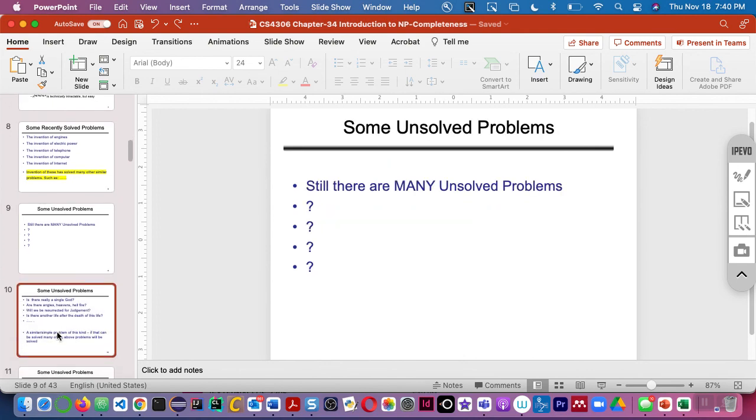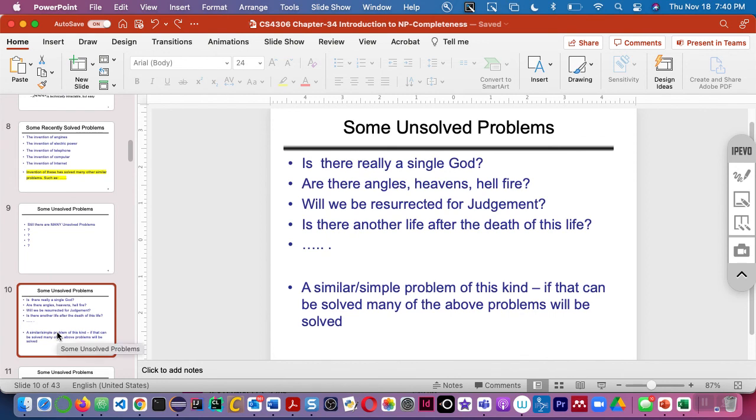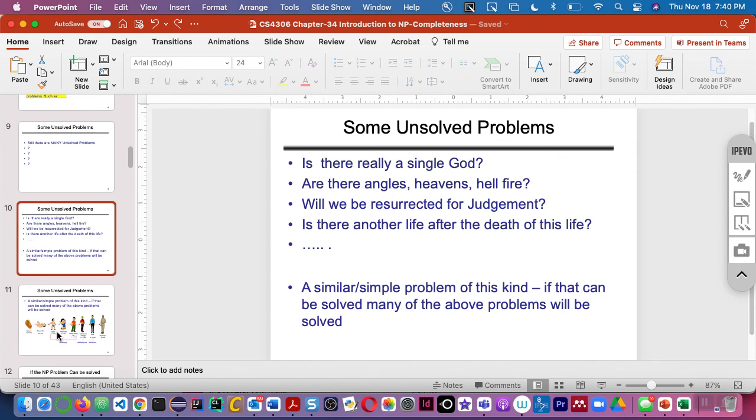And find your own unsolved problems. Make a list of problems that you think are not solved. And try to think about which of these can be started with to do research, right?